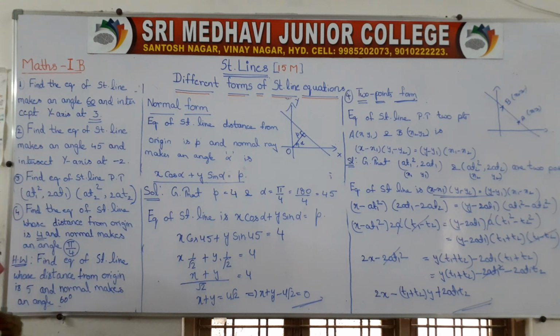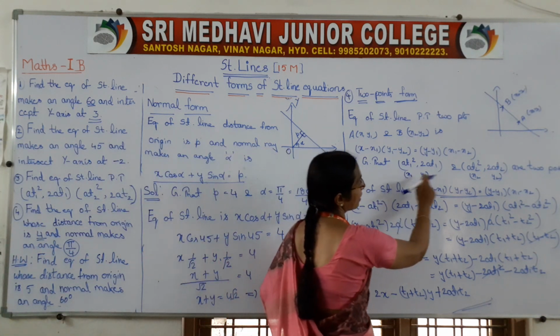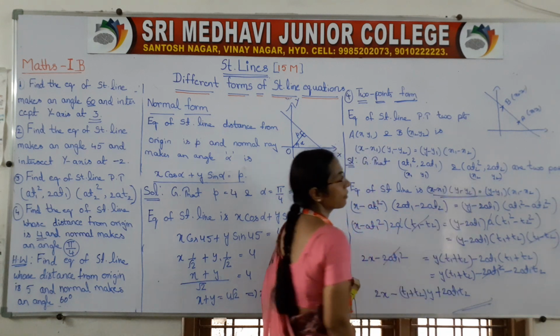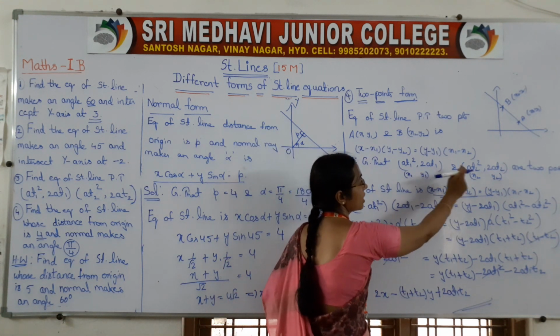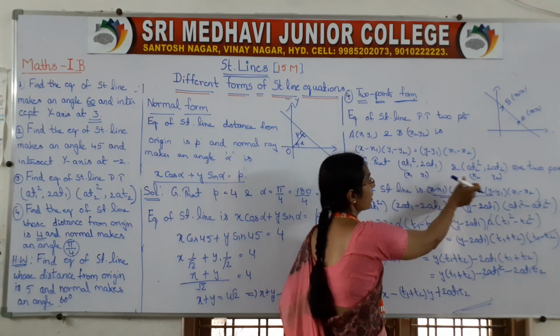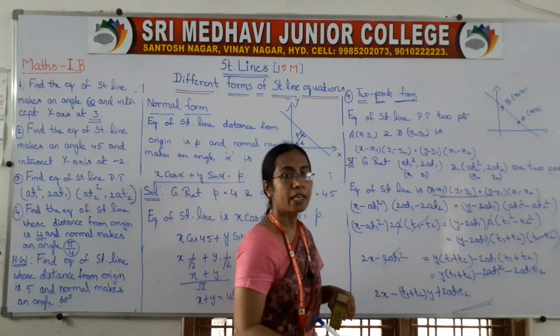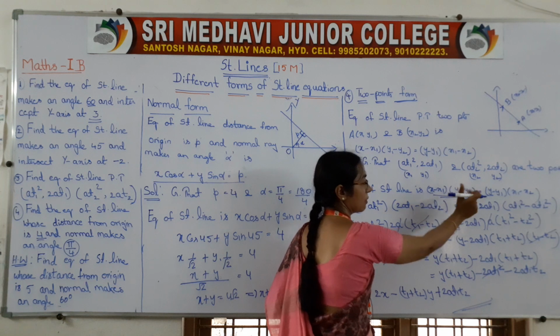Once you check your 2 points form, you should be careful while taking these 2 points given to you. We have to find the straight line equation which passes through this one as well as this one. You consider one point as x1, y1, another point as x2, y2. So the equation of the straight line, this is the formula.